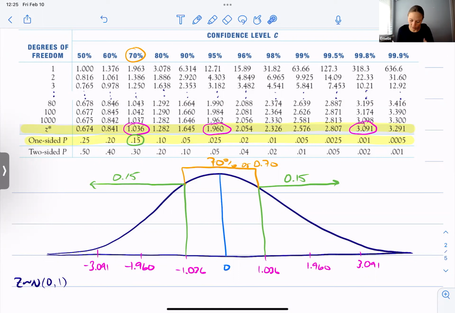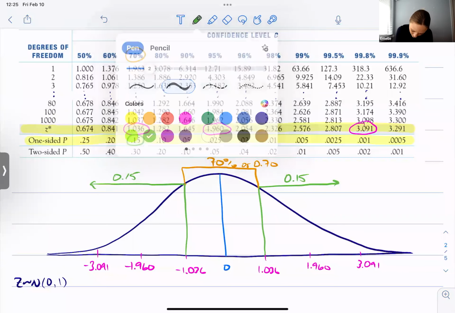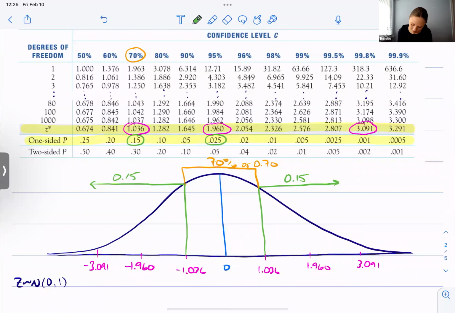Okay. So same idea, if I color code the same way. Now if I move out to basically 2 standard deviations away from the mean, a Z-score of 2, 1.96 is, I would argue, close to 2.